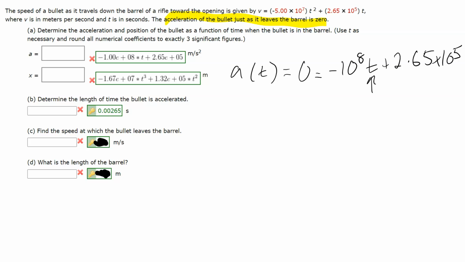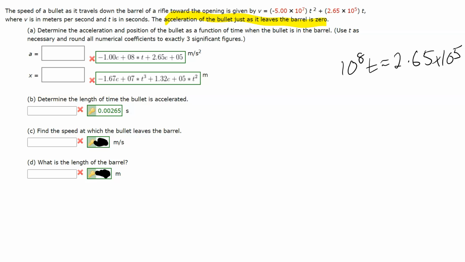So let's actually go through the steps of the algebra so we don't make silly mental math mistakes like I was just doing. If we solve for this, first we bring this over to the other side. So subtract it from both sides and we get this equation right here. And then divide both sides by 10 to the 8th.